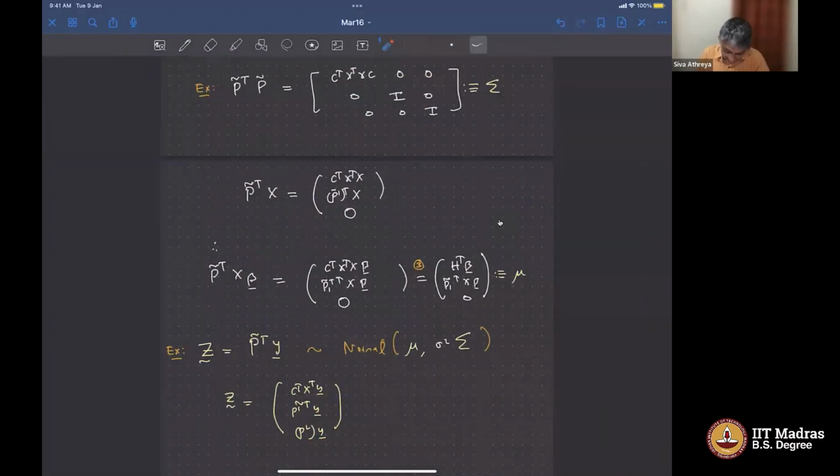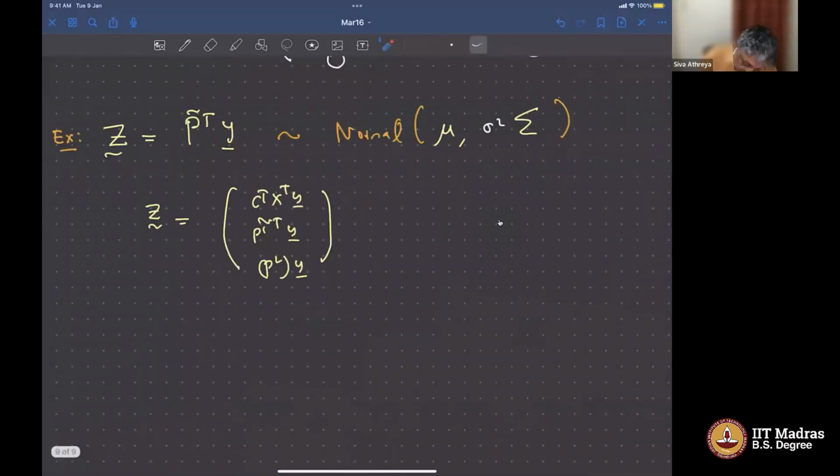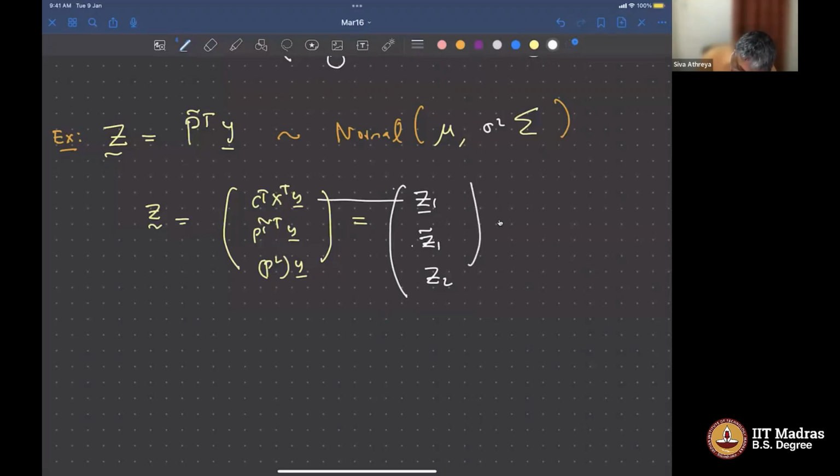The crucial thing is to think of the first part as Z1, the second part as Z1 tilde, because that's the orthogonal complement, and the third part as Z2.